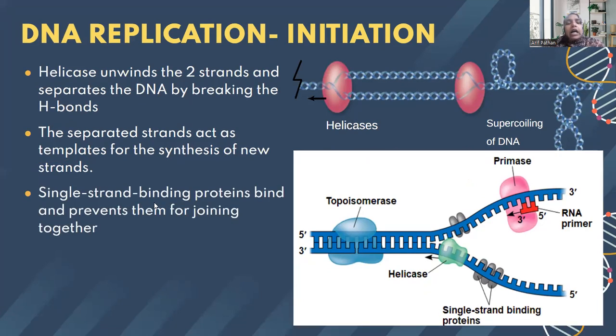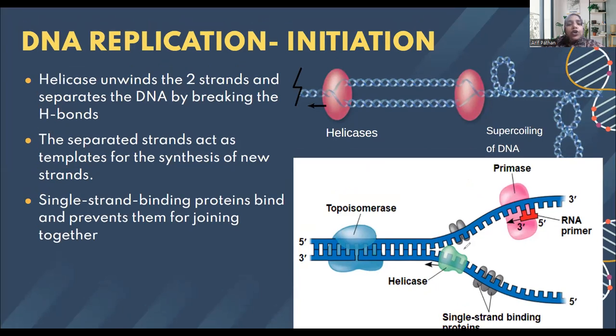Okay. Now this DNA helix has a tendency to come together again. As this helicase is moving forward, these two strands which were separated by helicase have a tendency to come together again. So as and when helicase moves forward, the portion behind might come together again.